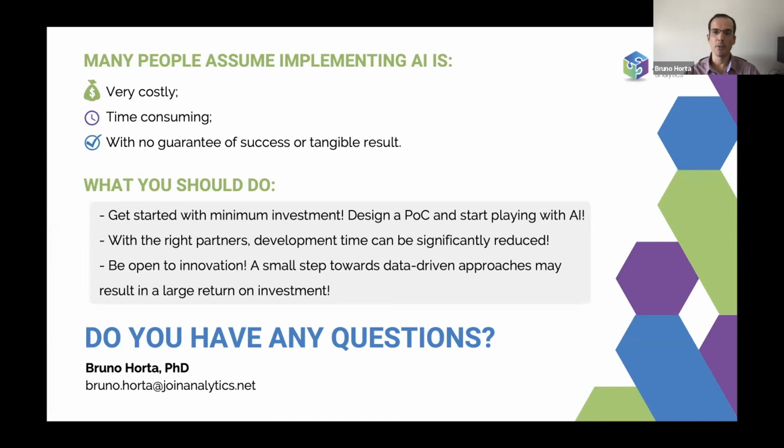But there are methods that can be used with small data sets. And sometimes the method doesn't have to be super complex. You can use, for example, a decision tree or a random forest, SVM, some methods that are more conventional, and they can already make sense with a small data set.